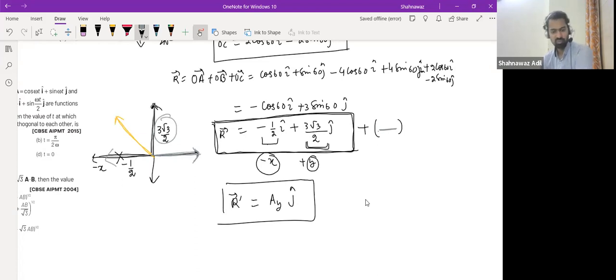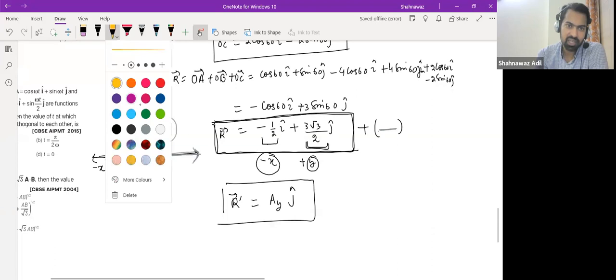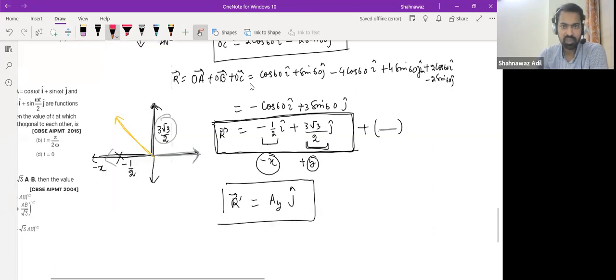Okay. Yes, sir. What should I add, so that I only get the y component and the x component gets cancelled? Plus x. Plus x.